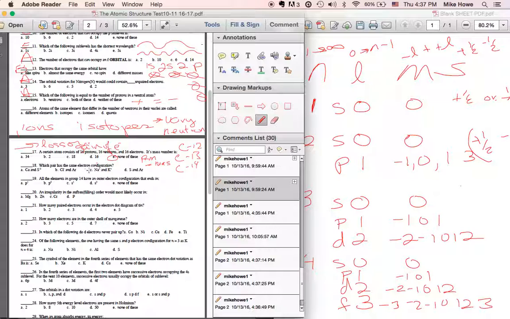Same electron configuration. There's another word for that, it's called isoelectronic. So you'd look at the number of electrons and see if they're the same. If they're the same, they have the same configuration.